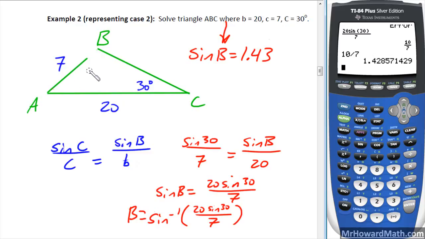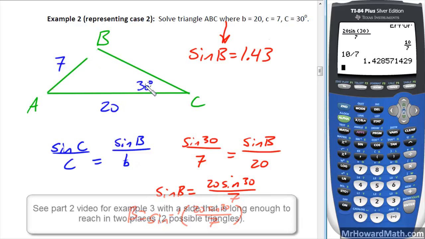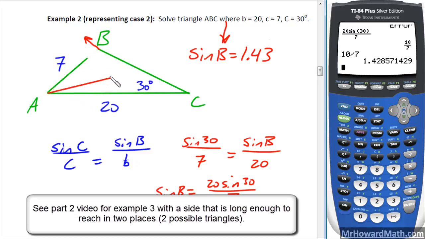Well, 7 is not big enough. In other words, this angle being 30 degrees with a side length of 20, as it goes off in this direction, the side length of 7 would not be long enough to reach. It doesn't matter how we rotate it. We take our side length of 7, we rotate it this way. There's no way that it's going to ever reach this side.